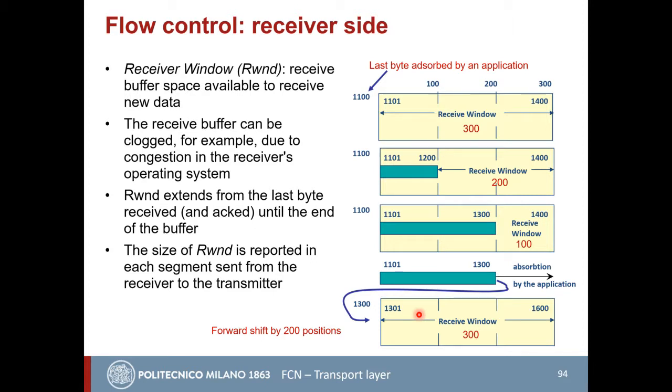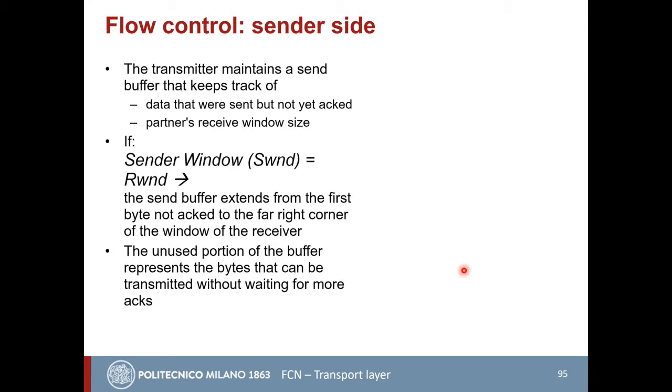Okay, so all these bytes are absorbed by the application. This is basically what happens on the receiver side. And now let's go to the sender side and see what is happening there.